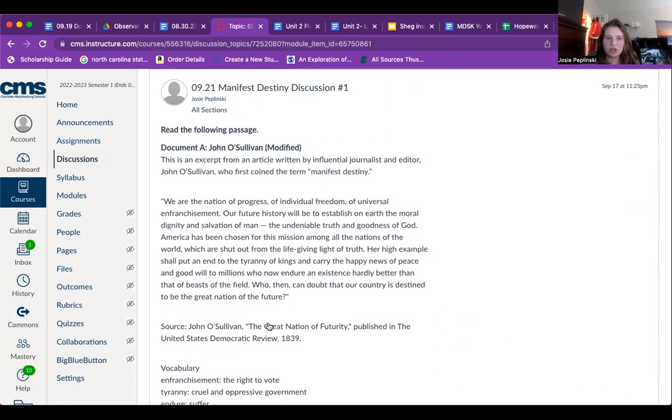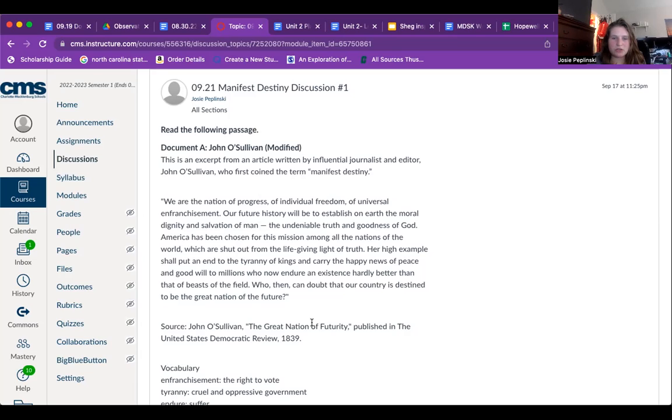This was written by John O'Sullivan, titled The Great Nation of Futurity, published in the United States Democratic Review in 1839. This excerpt is from an article written by influential journalist and editor John O'Sullivan, who first coined the term manifest destiny. He writes, "We are the nation of progress, of individual freedom, of universal enfranchisement. Our future history will be to establish on earth the moral dignity and salvation of man, the undeniable truth and goodness of God.